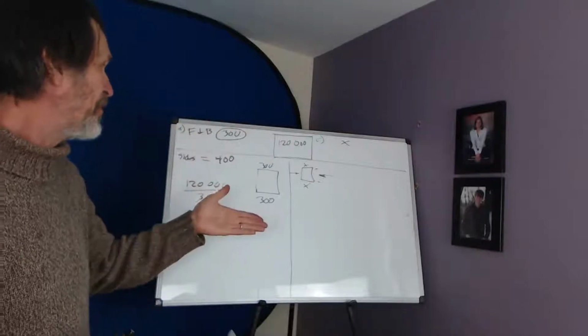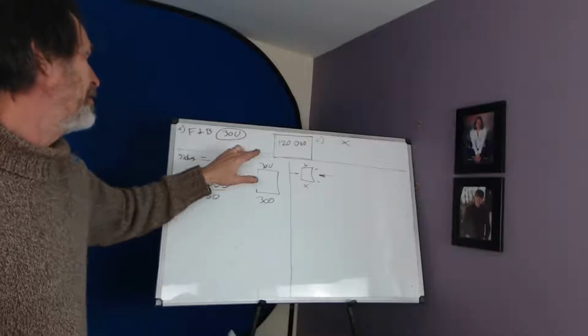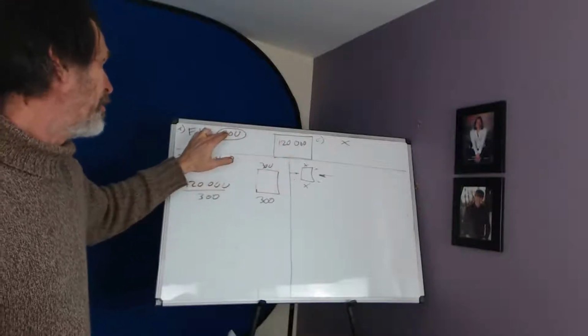I'm going to do the same situation. You're going to do the same setup as you did on this one. How did you get that 400? Well, you took this divided by that.